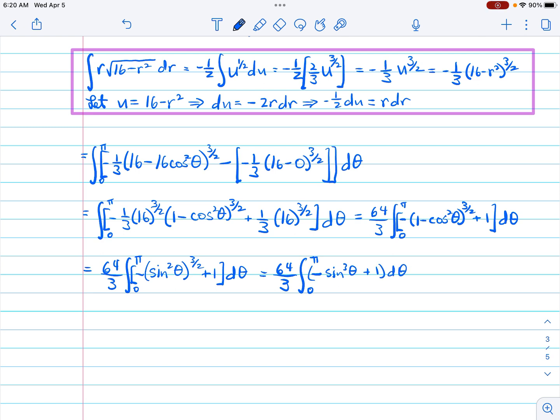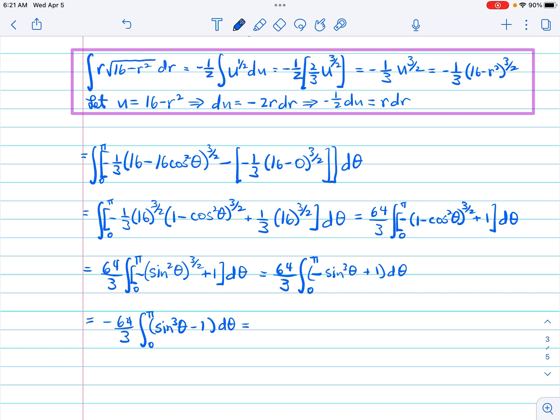Okay. Now I want to do something here to make things a little bit easier on myself. I'm going to factor out a negative and call this negative 64/3, integral from 0 to pi of sine cubed theta minus 1. And here's what I want to do now. I want to break up this integral into two parts.